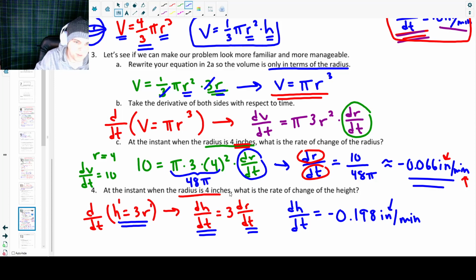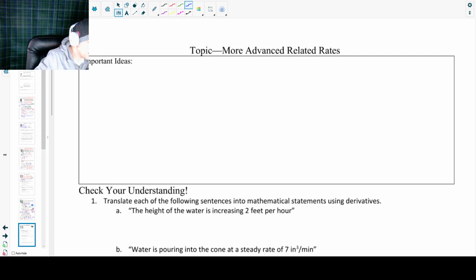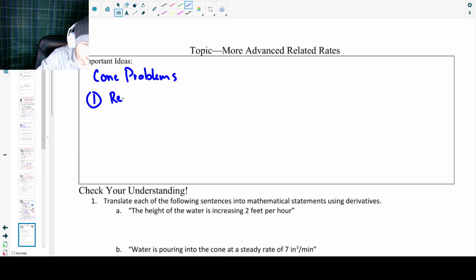All right, so moving on down to a couple things we want to formalize, some important ideas. So we're going to talk about these cone problems. These are some relatively common problems that we may run into on the AP exam, and we'll definitely look at some more here together. So first step, and this is something that we did, is relating the radius and height using similar triangles.